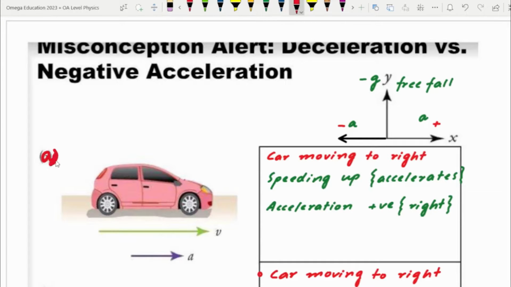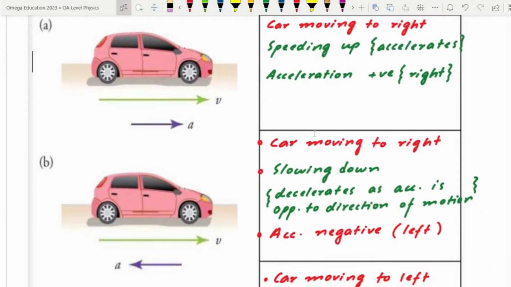So let me move on to all of the cases, and then it will start making more and more sense. When you see all the cases, then you'll know exactly what I'm talking about. Let's say here we have another example. I draw the moving vehicle, and I tell you the object is slowing down.